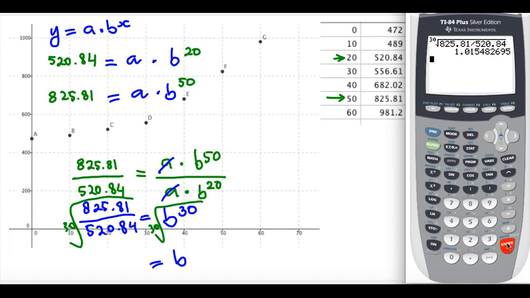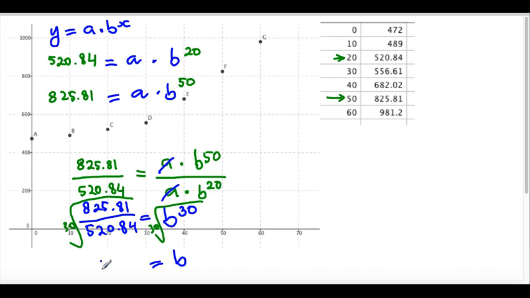And what do we get? In this case we have b is equal to 1.015 to 3 decimal places. So once we have the value of b, then of course we can substitute that back into either one of these equations and find the value of a.